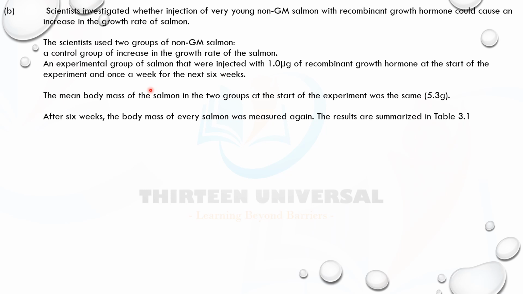That's a lot of work. The mean body mass of the salmon in the 2 groups at the start of the experiment was the same. After 6 weeks, the body mass of every salmon was measured again.